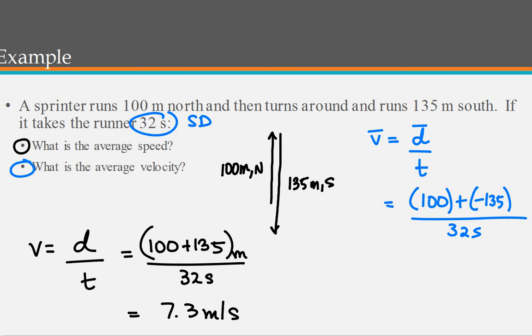Okay, so the displacement is 35 down. So I got a negative 35 divided by 32. And I got a negative 1.09375 or something like this. So to write this, I would go... Am I in the way? It's all there. Sorry, maybe it showed up late. So 1.1 meters per second south.